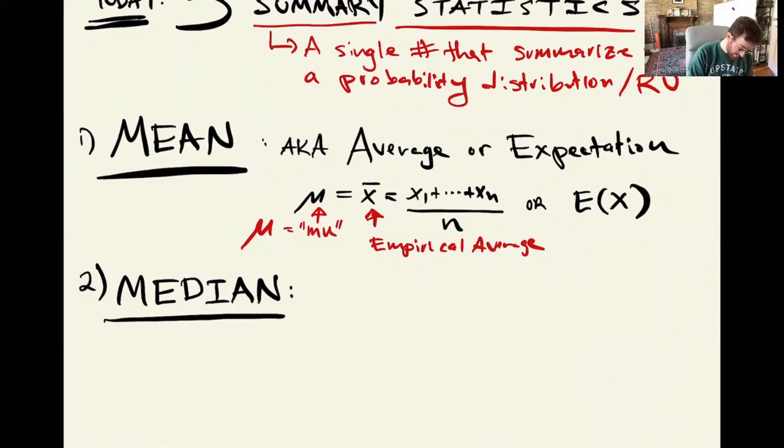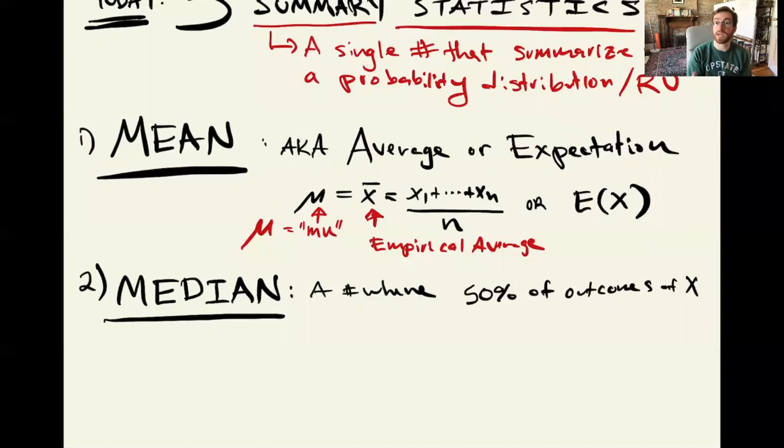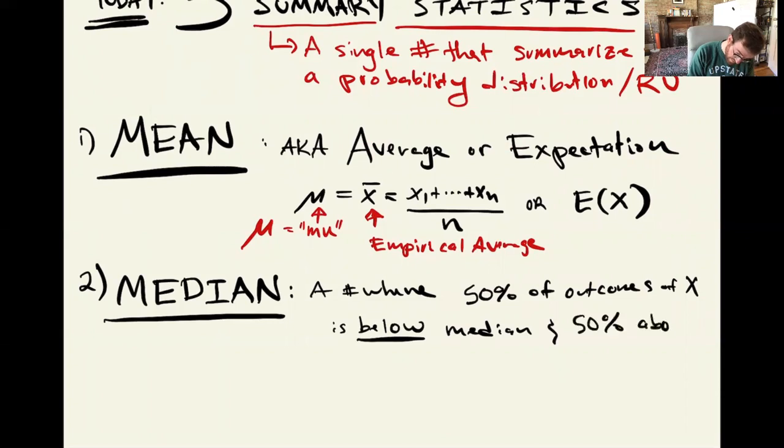So this is our number where 50% of outcomes of X, our random variable, you could think of that as grades on a midterm, for example, where 50% of the outcomes are below the median and 50% above.